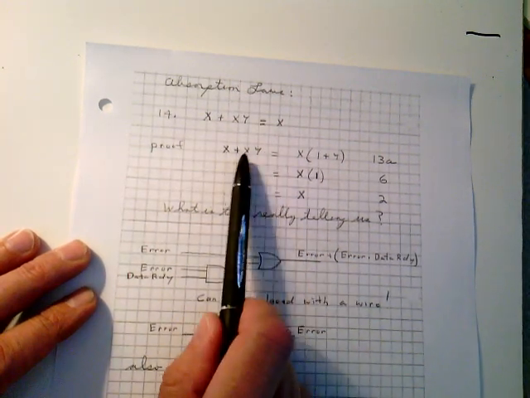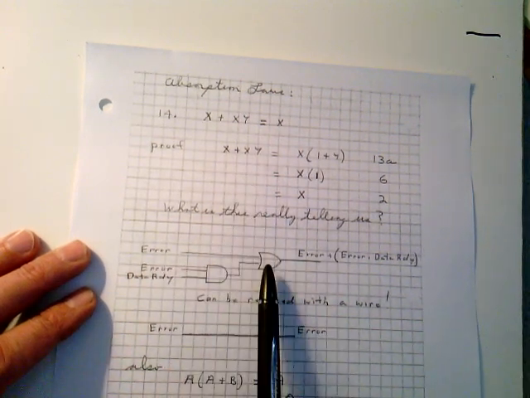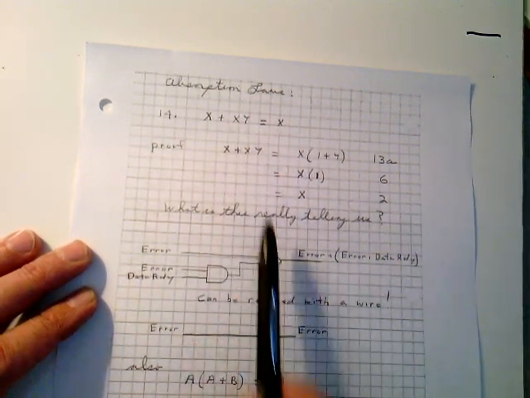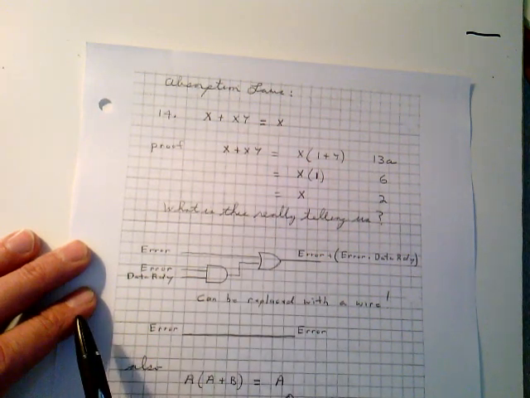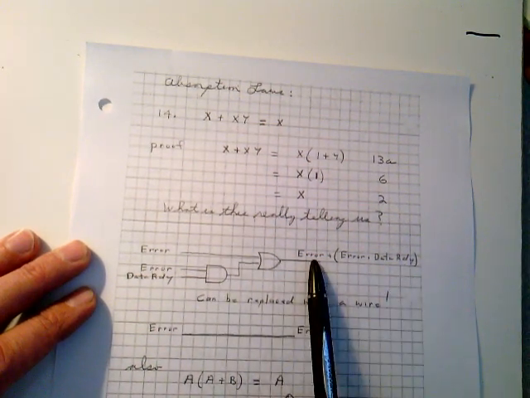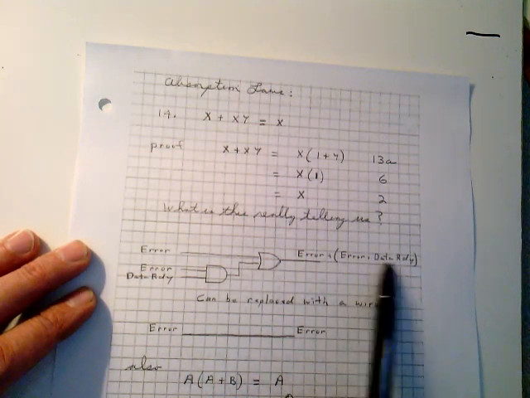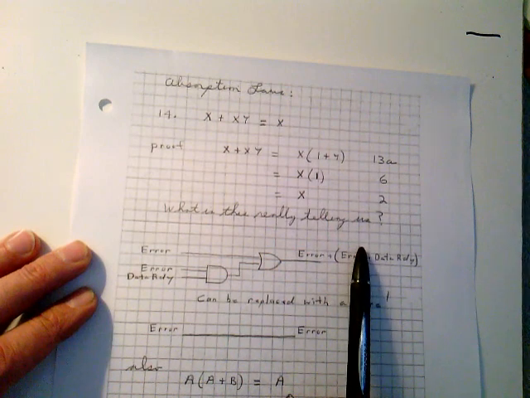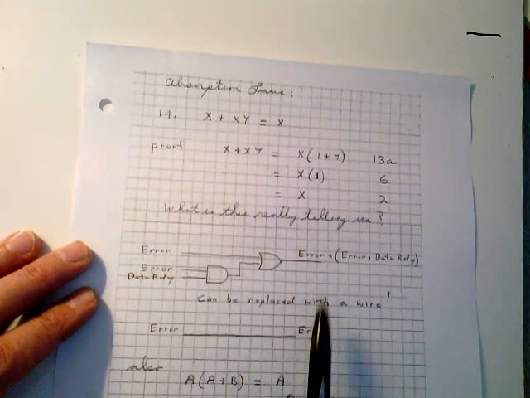If you take a look up here, it's x, which is error, or, that's the output gate, the AND of x and y, which is error and data ready. And it produces the output, error or error and data ready. But this whole thing can be replaced with simply error, with simply x.